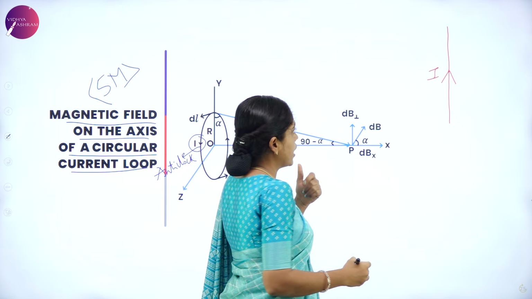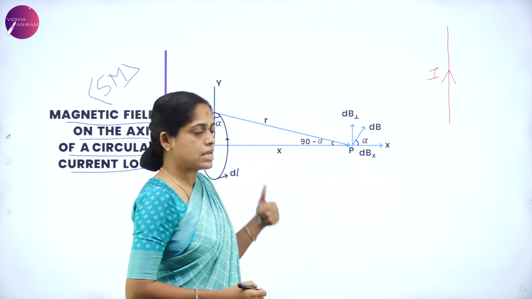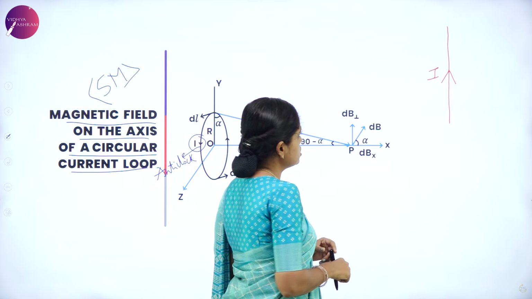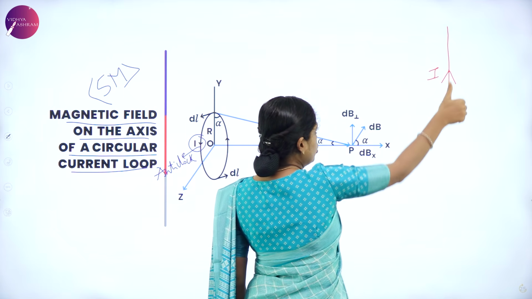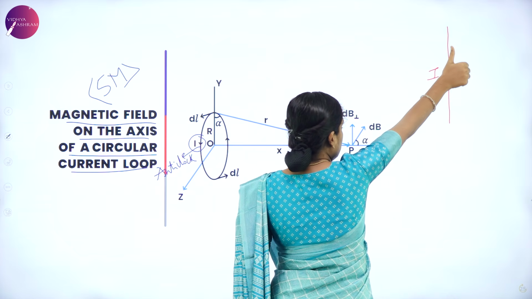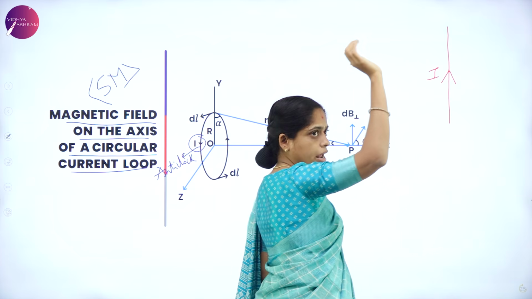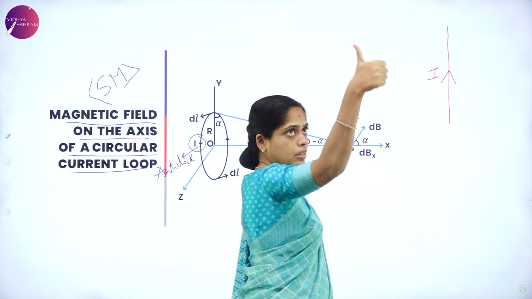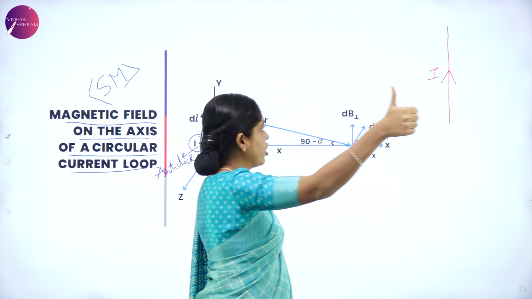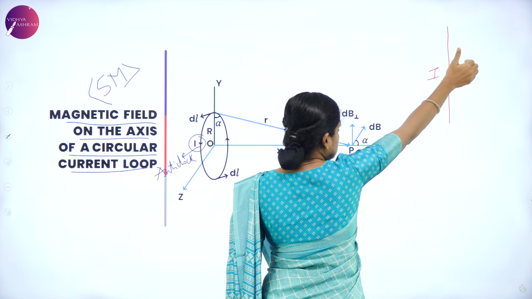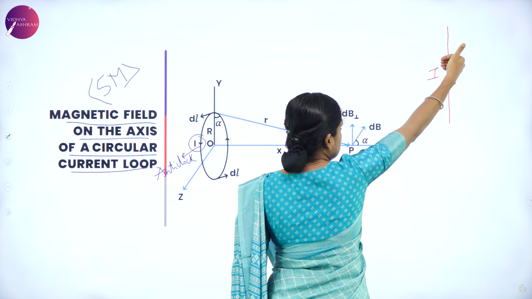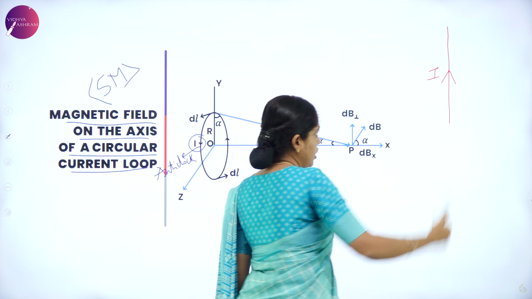In this, the direction of current is upwards. Now, what is the field pattern, that is, the magnetic field? To know that, use the right hand thumb rule, where the thumb is in the direction of current and the curved fingers represent the direction of magnetic field.